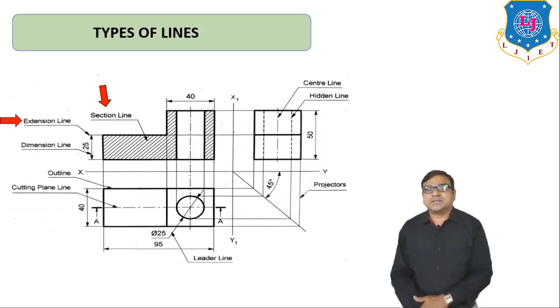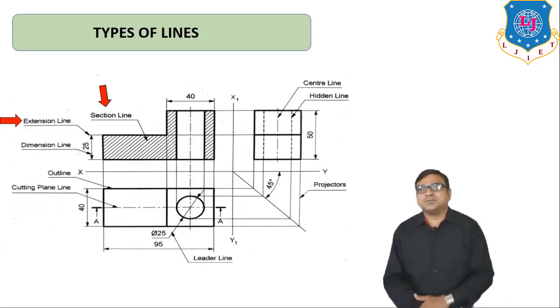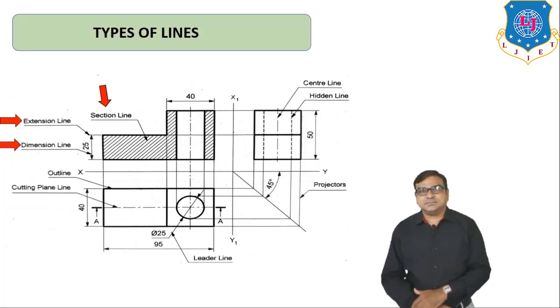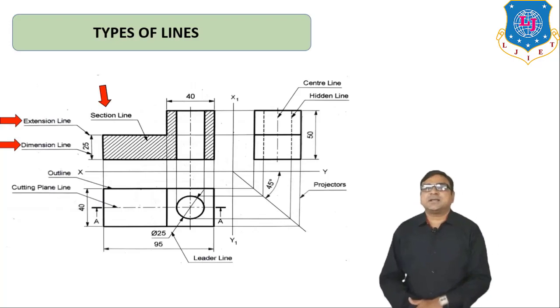If you want to represent the height of the object using dimension lines, when you extend that line from an object, those two lines are known as extension lines. It is continuous thin. Dimension lines have two arrows at ends.